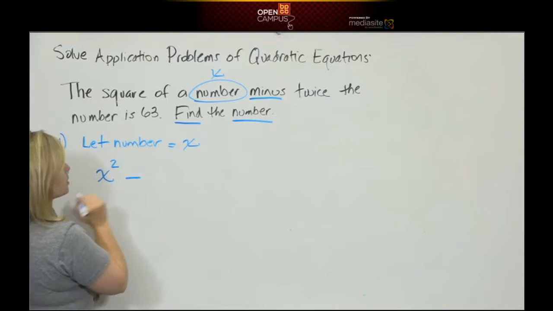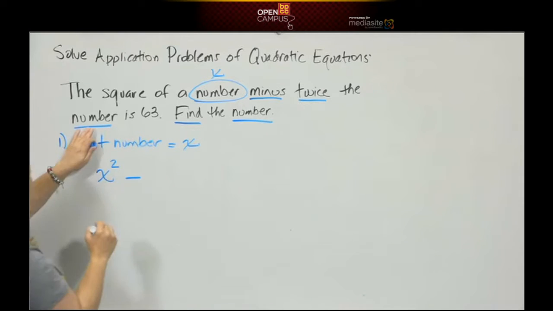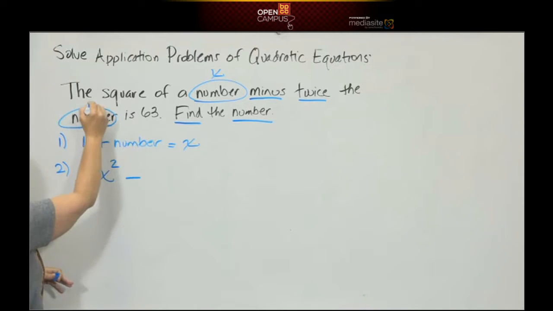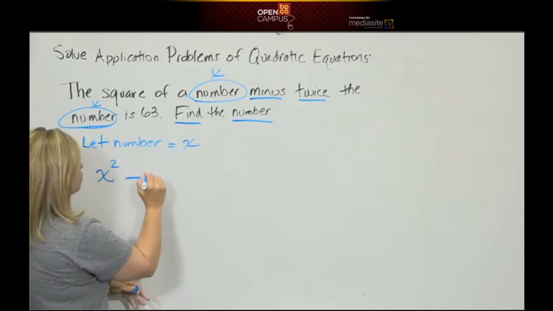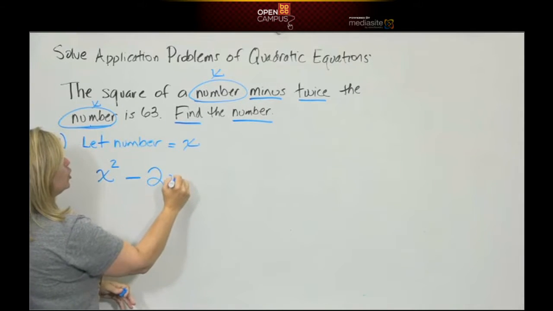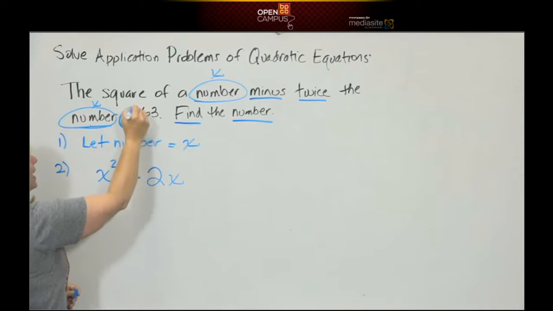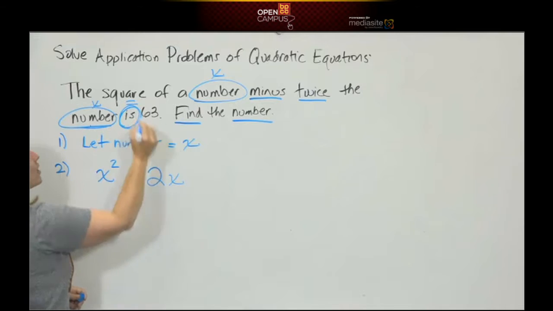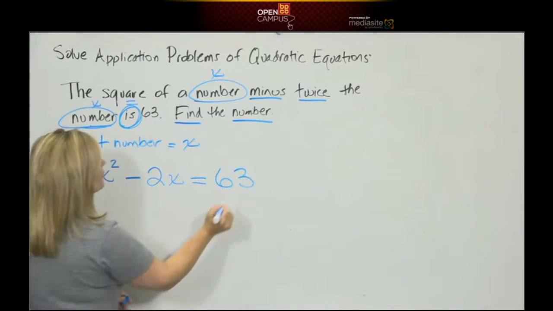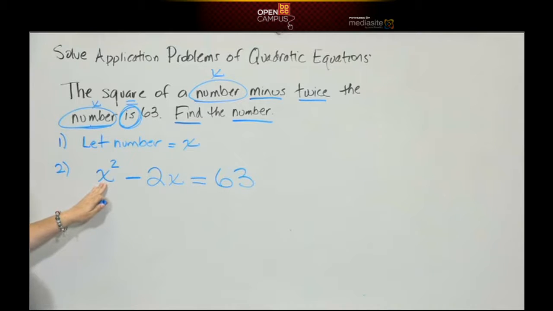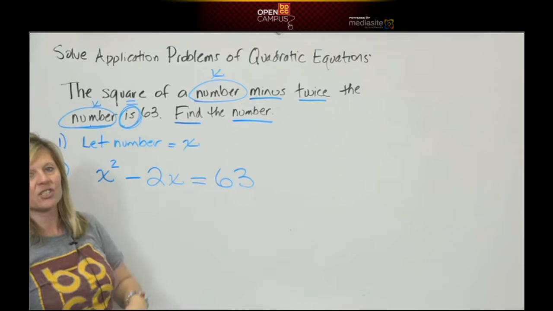Minus is the subtraction symbol. Twice the number: again, the word number is replaced with x, and twice something means to multiply by 2, so we would write 2x. In math, the verb is always where the equal sign goes. Is 63. So the square of a number minus twice that number is 63.